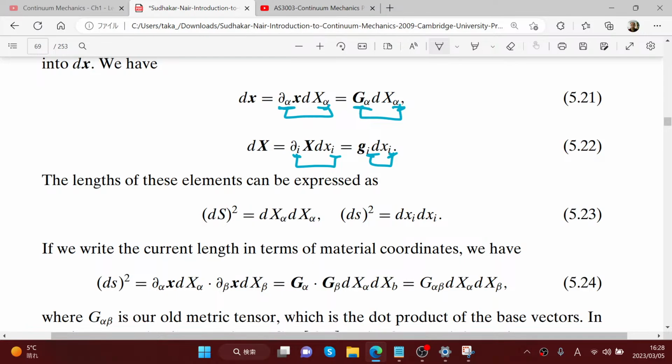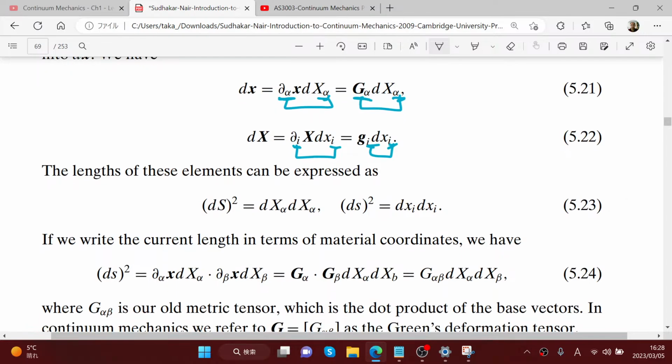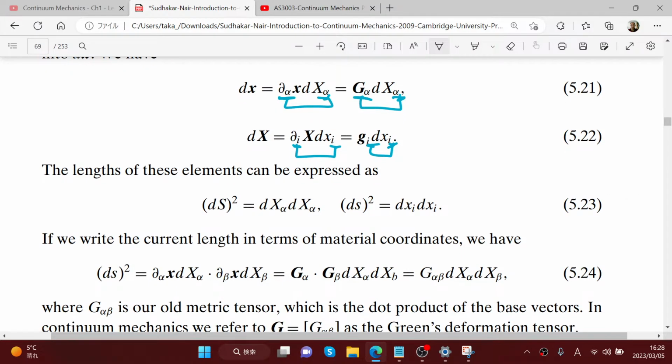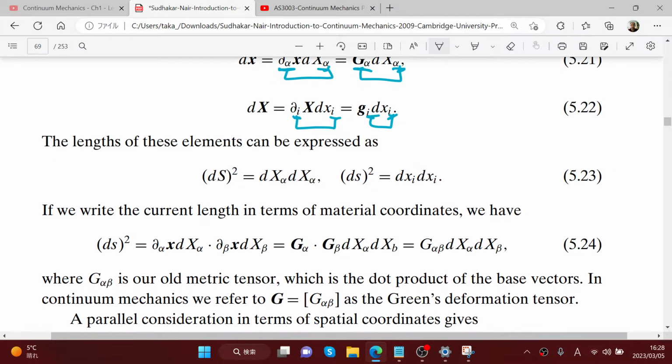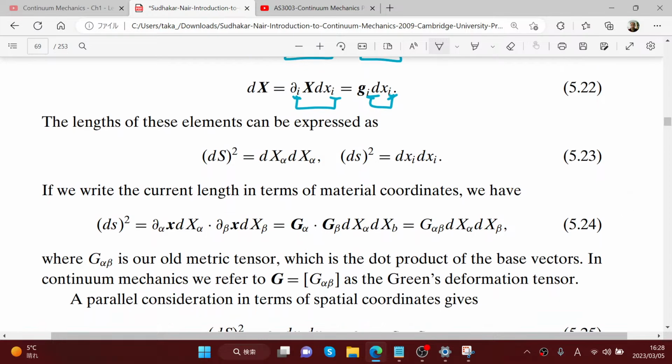The length of these elements can be expressed as dS squared is dX alpha dX alpha, and ds squared is dx_i dx_i.